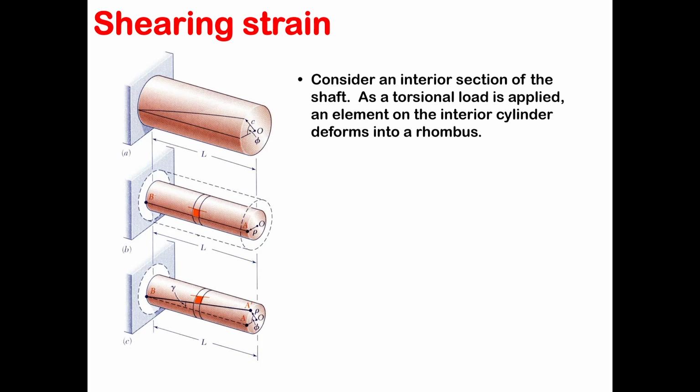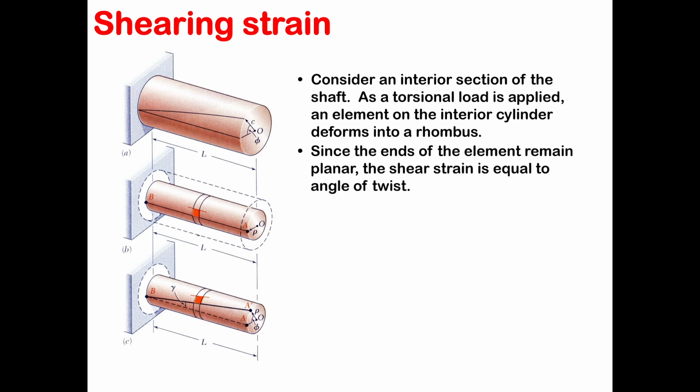So to further the analysis, consider an interior section of a shaft. As the rotational load is applied, an element on the interior circuit deforms into a rhombus. As you can see, from a square to a rhombus, right? Since the ends of the element remain planar, the shear strain is going to be equal to the angle of twist.